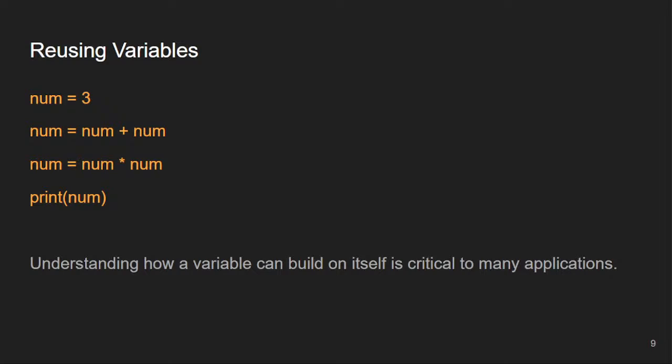And then I would like you also to, as much as possible, play around with these codes. As you write them, change certain things in the program and run them again and see what you get. Okay, so once you understand how a variable can be built on itself, that will be critical for you in many of the applications that you end up writing.